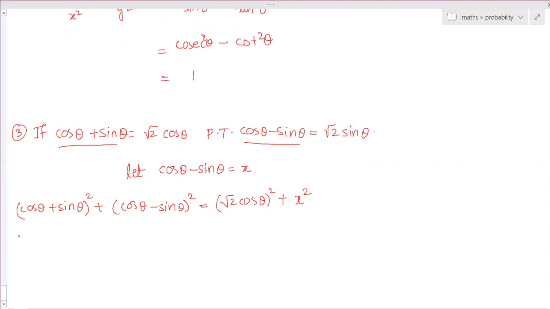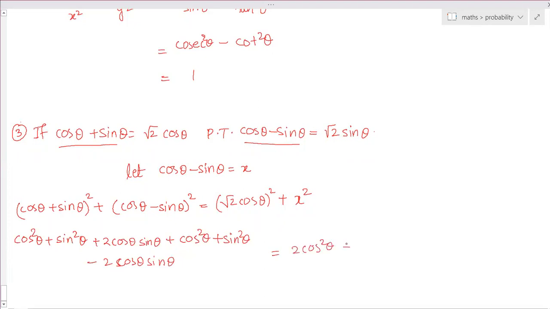So open the bracket: cos square theta plus sin square theta plus 2 cos theta sin theta plus cos square theta plus sin square theta minus 2 cos theta sin theta is equal to 2 cos square theta plus x square. Here 2 cos theta sin theta minus 2 cos theta sin theta cancel.